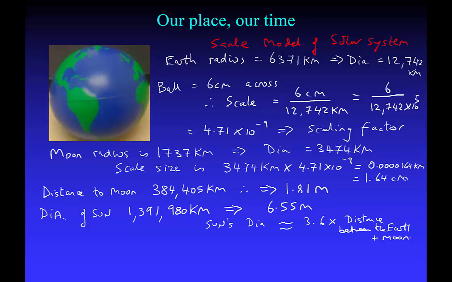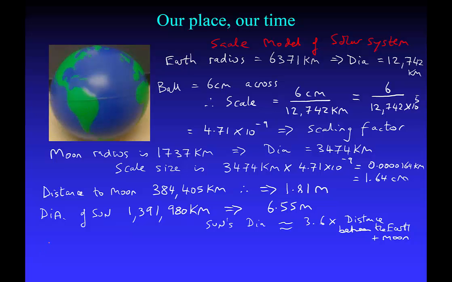Now, it took the Apollo astronauts 4 days to go to the moon in a spaceship traveling faster than anybody else had traveled. The diameter of the sun is nearly 4 times larger than that, which is pretty crazy.